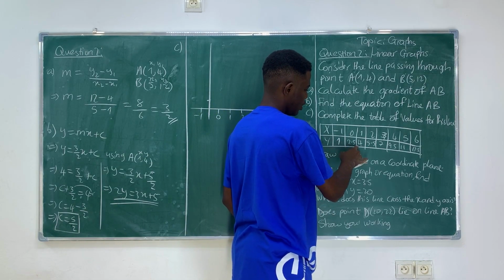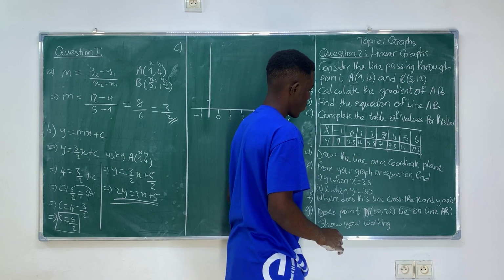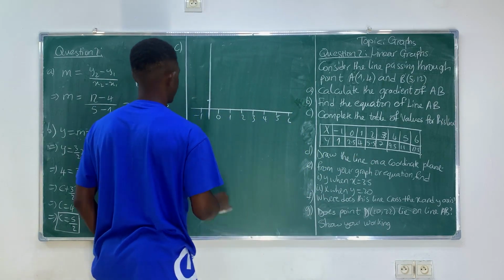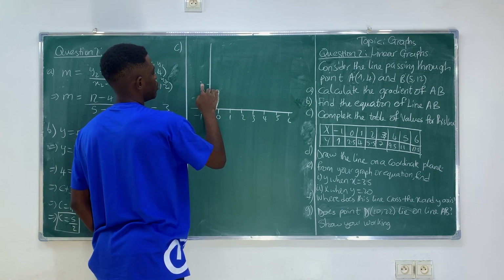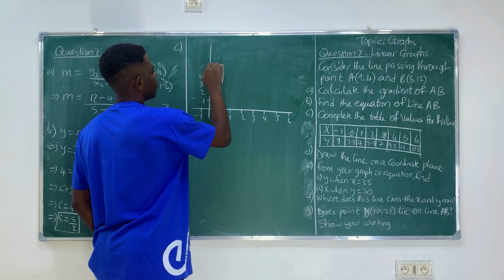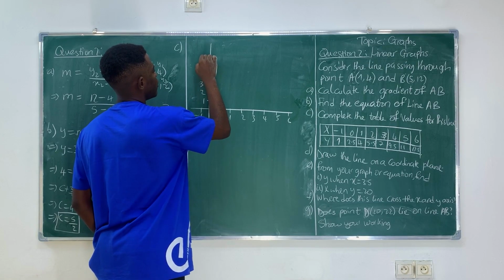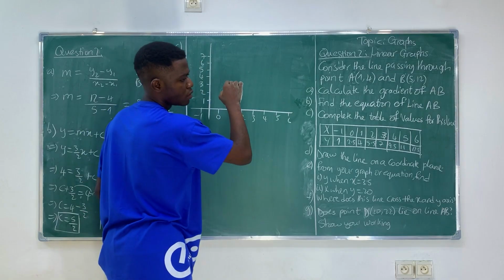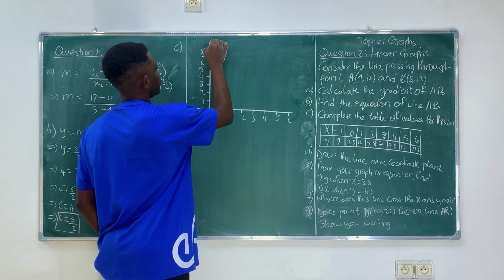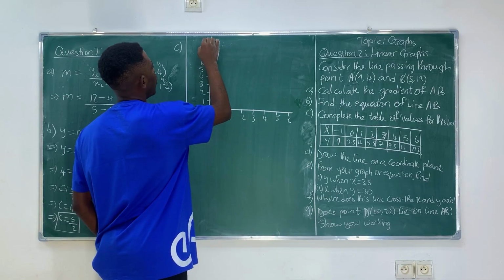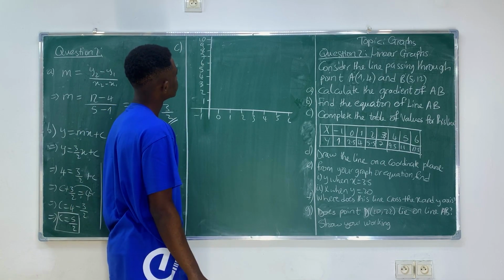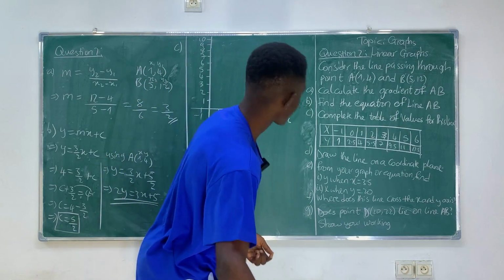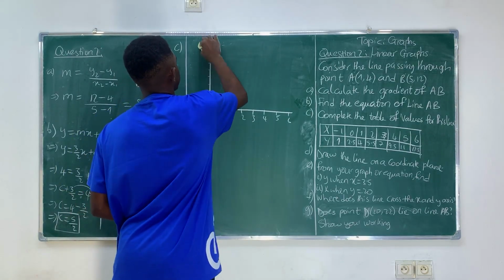1, 2.5, 4, 5.5. 1, 2, 3, 4, 5, 6, 7, 8, 9, 10. I'll just reduce this so that I can fit inside there.